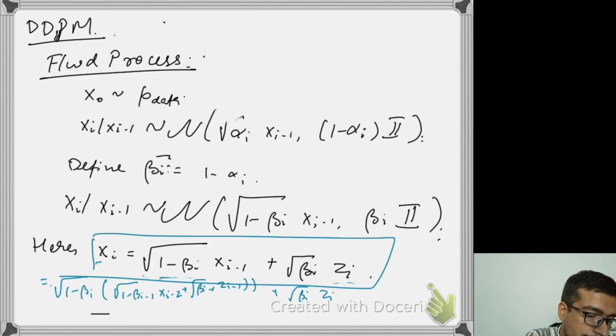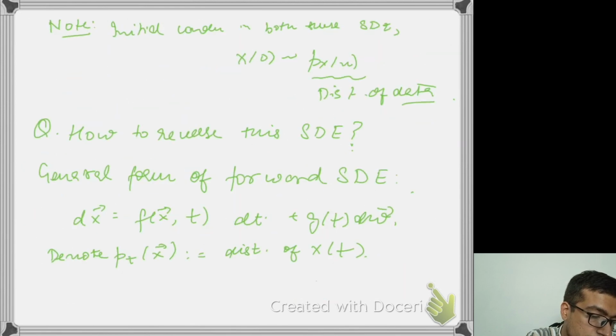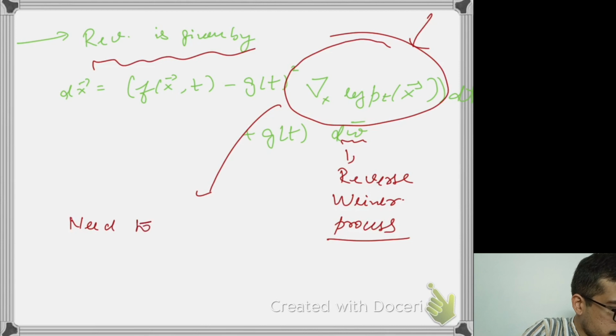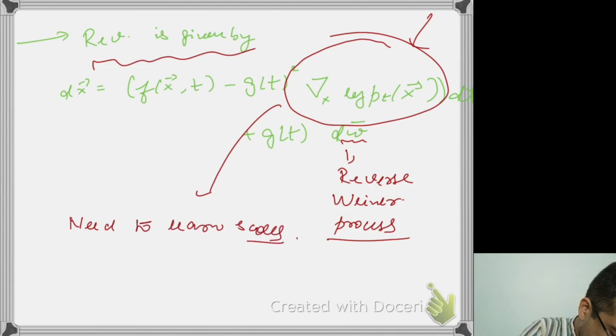But when you reverse any of them, you are going to get this score term, and that is why in order to be able to generate samples from any of these two, we'll need to learn the score functions. So we need to learn scores, and then you will be able to implement the reverse SDE.